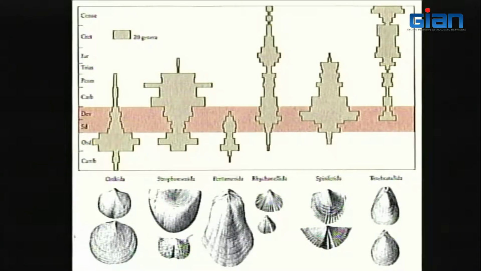And some are really big, like, for example, this family here, the Spiriferida, which was very, very developed during the Silurian and Devonian, and could reach a size like that. So they are quite big, okay?